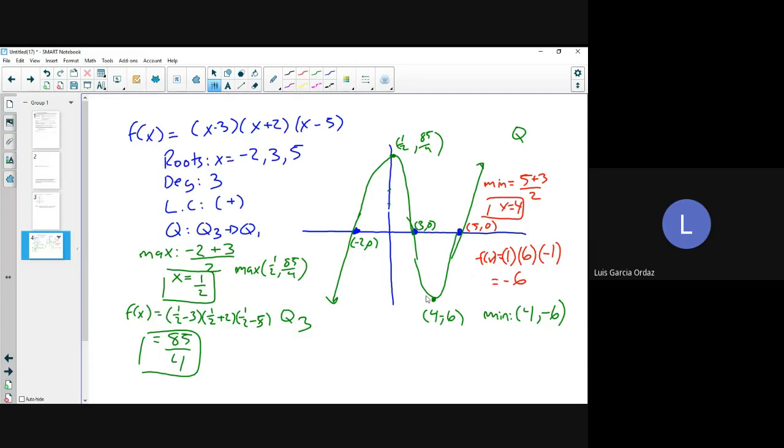I'm not going to get into the whole concept of local maximums and absolute maximums and mins. Okay, so local maxes and mins are only existent in odd degree polynomial functions because you have multiple turning points throughout the function. Okay?